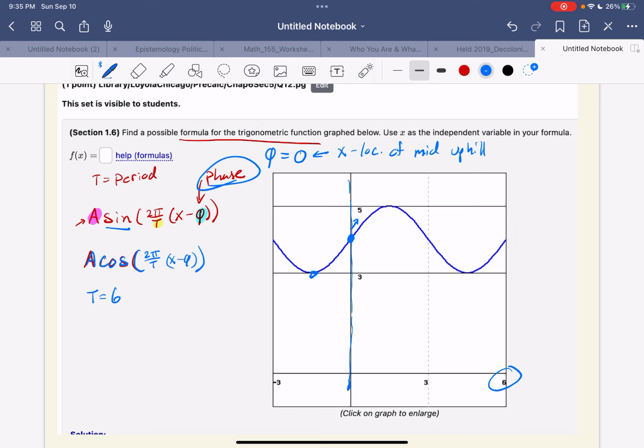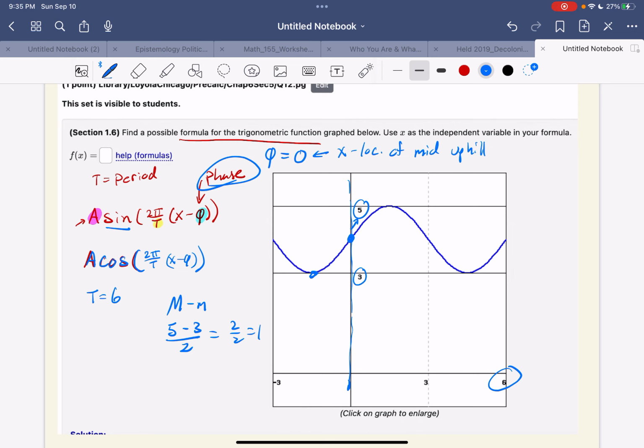And what else do we need? Amplitude. Well, hey, look, the max is at 5 and the min is at 3. So we need half that distance, the distance from 5 to 3, big M minus little m, and you divide it by 2. That's going to be 2 over 2. That's 1.